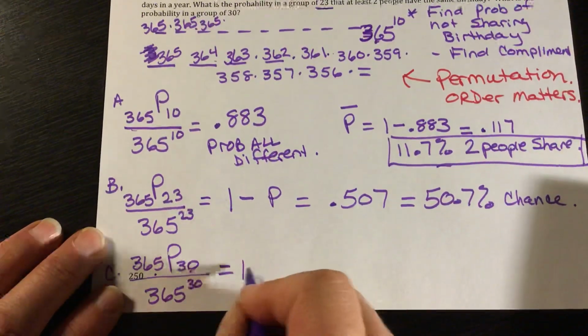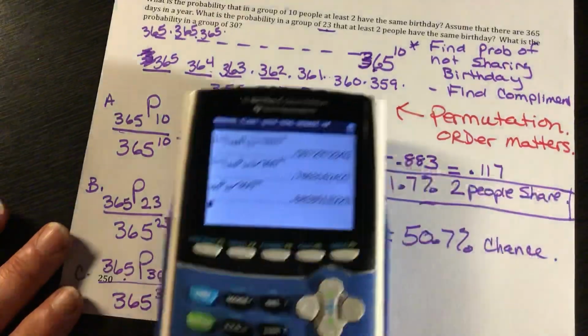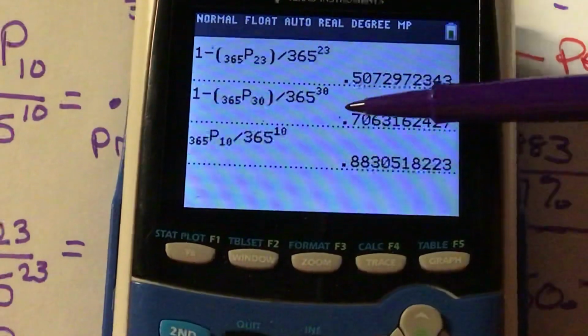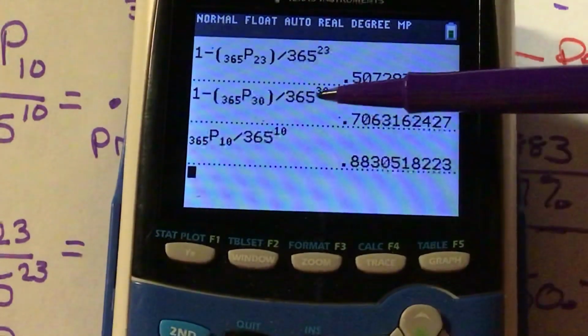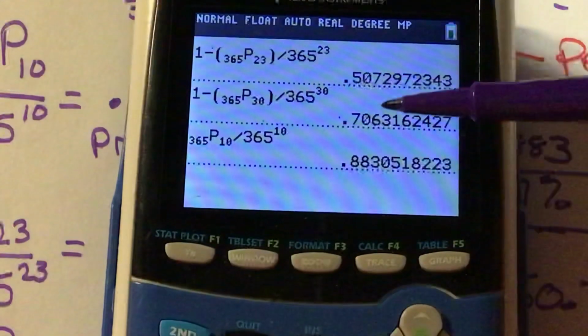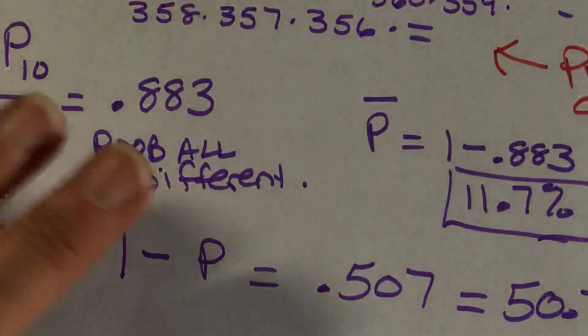And if I do 1 minus this probability, that's what I have on the second row here, I get 0.706, which is 70.6%.